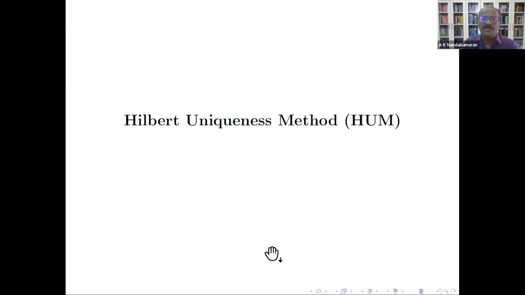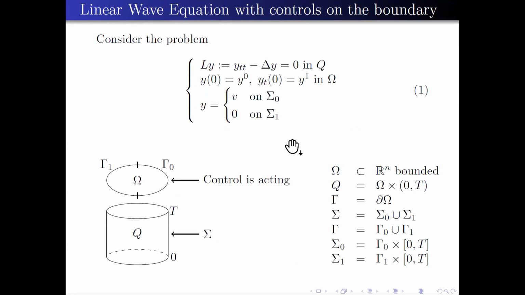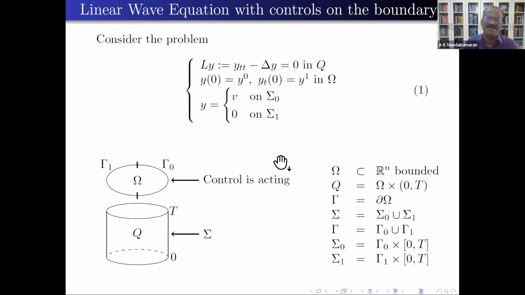Okay, so with that, let me go to the basics of what the Hilbert Uniqueness Method is. You can define it for various systems, fourth order systems, other PDEs, etc. But let me take the easiest one as far as this is concerned. That's a linear equation, and we put the control V on one part, not the entire boundary.